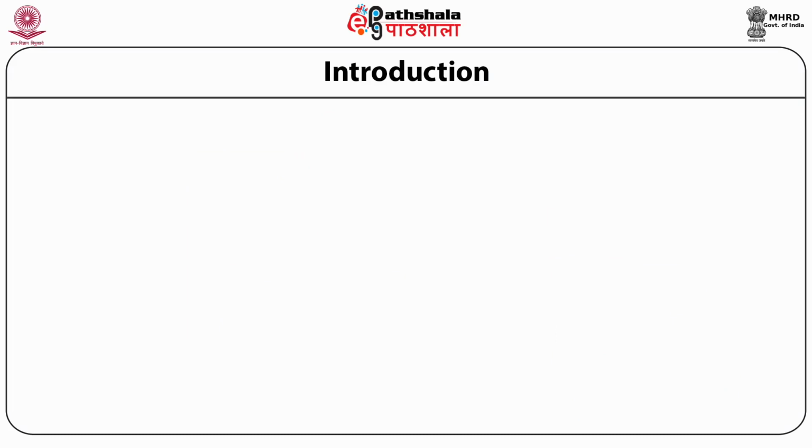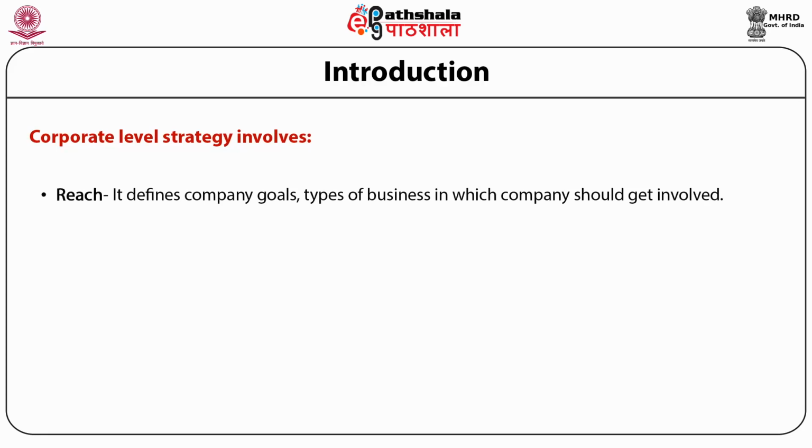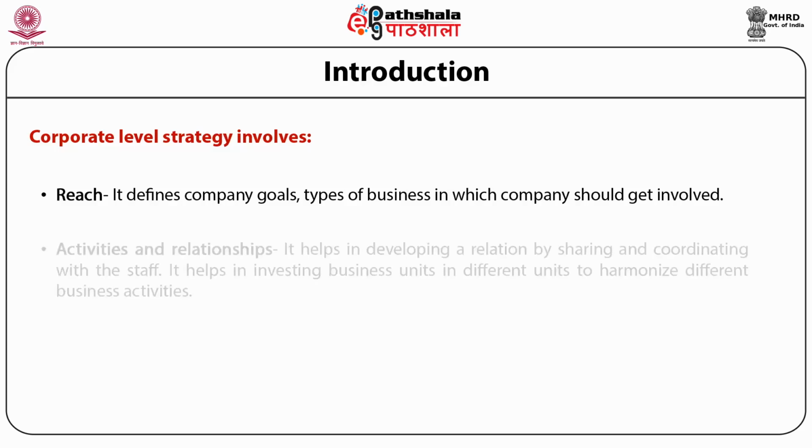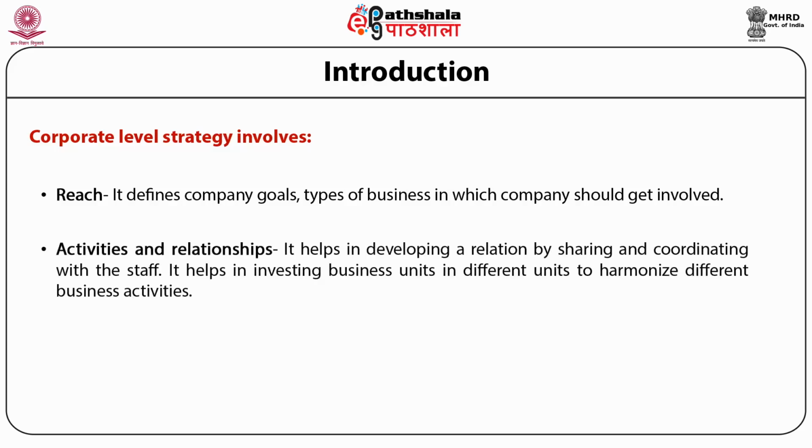Students, what is a corporate level strategy? A corporate level strategy involves reach. It defines company goals and the types of business in which companies should get involved. Number 2, activities and relationships. It helps in developing relationships by sharing and coordinating with the staff.